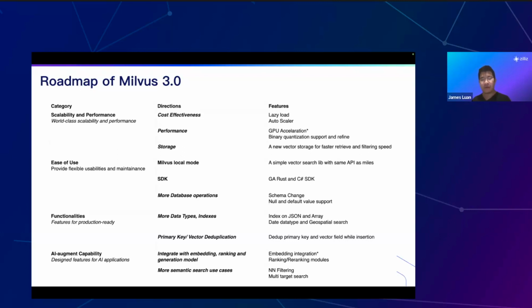So we also support more semantic search use cases. Now I think most users are just using ANN in Milvus, but we actually want to add more different semantics. We want to add NN filtering, nearest neighbor filtering. So the filtering not only happens on scalar data, it also happens on vectors.